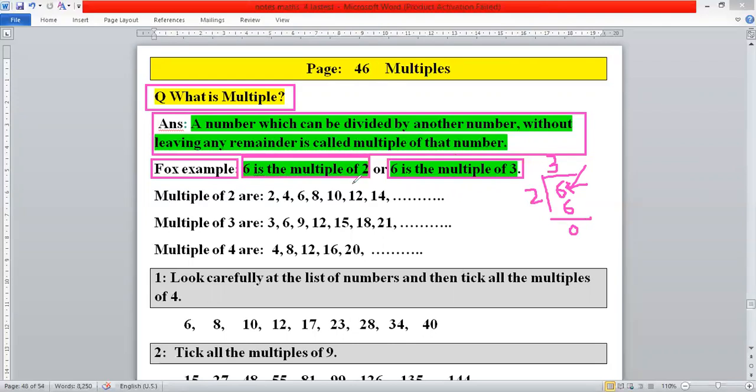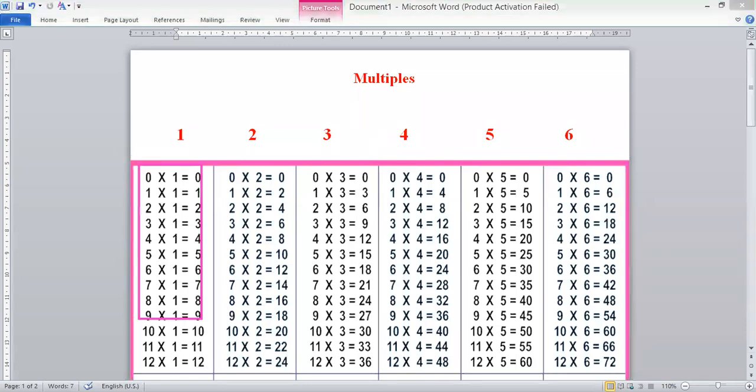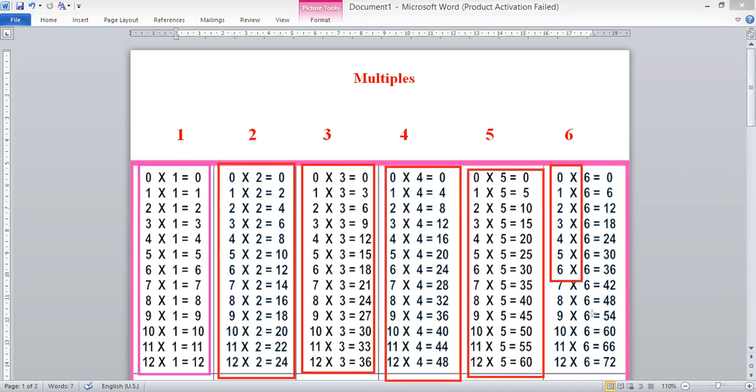So for more detail about multiples, I'm going to share another page. Dear students, in this page, we have tables from 1 to 6. This is the table of 1, table of 2, table of 3, table of 4, table of 5, and table of 6.